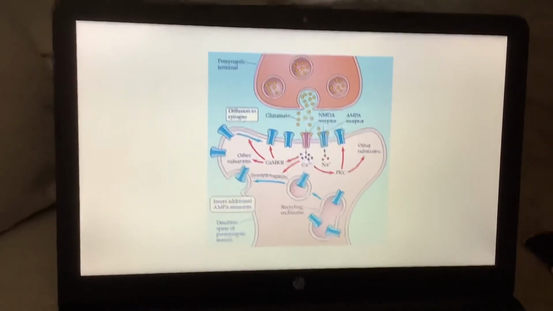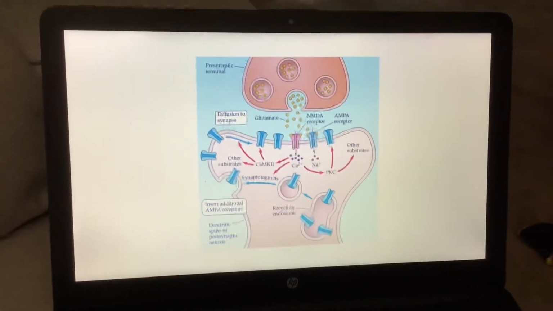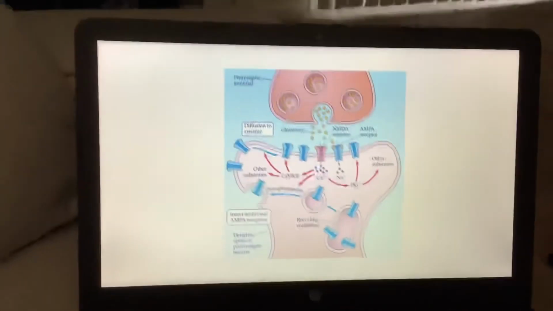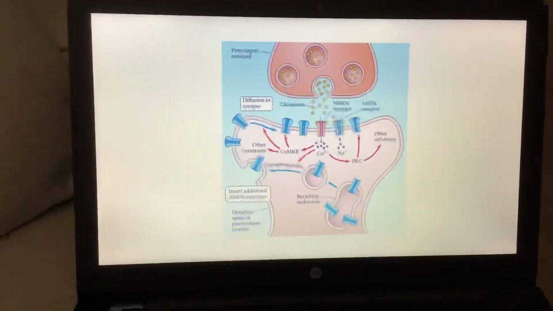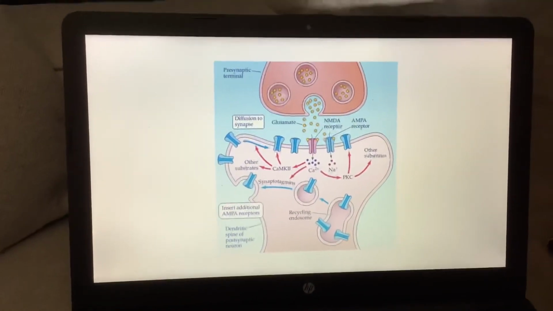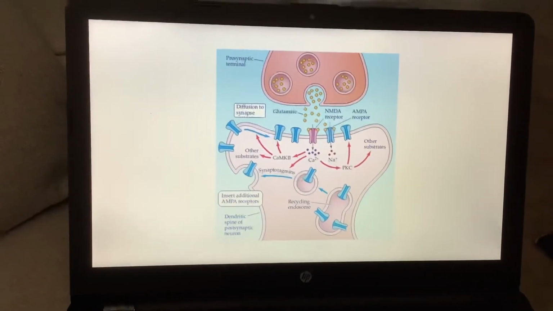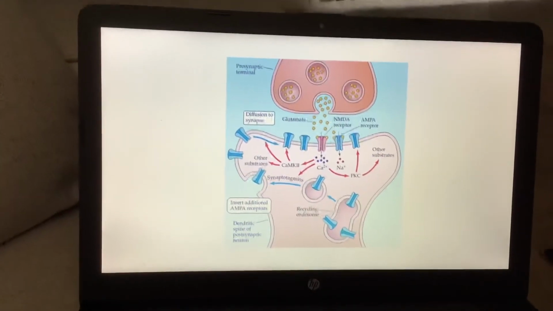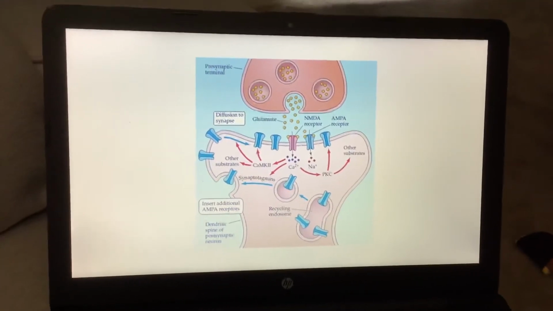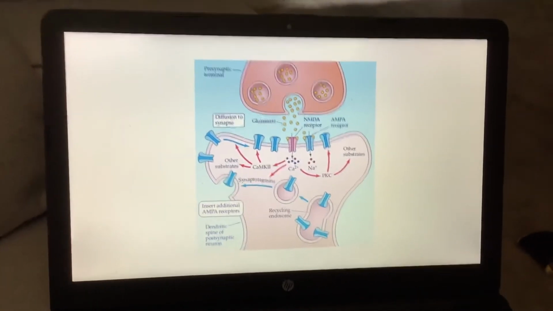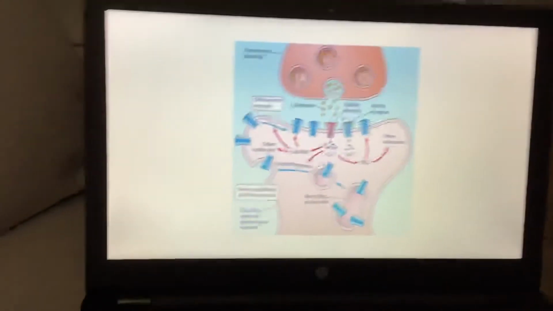So once the glutamate is released in the NMDA channels, the NMDA channels open, and the process of depolarization starts to happen. The Ca2+ ions enter the cell for postsynaptic activation. They recycle the endosomes for the AMPA receptors, and an increase in spine sensitivity to glutamate causes the long-term potentiation.